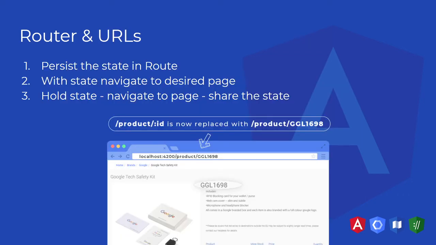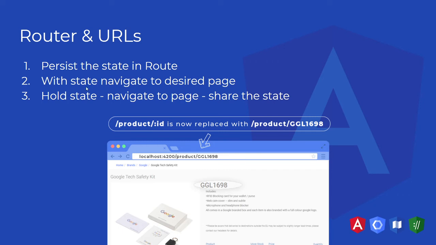The second part is how routers and URLs are used for managing the state. Routers and URLs persist the state in the router, and moreover, in Angular 7 and above, we have navigation extras as well, which takes the query parameters as input.